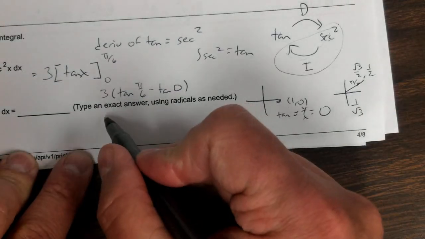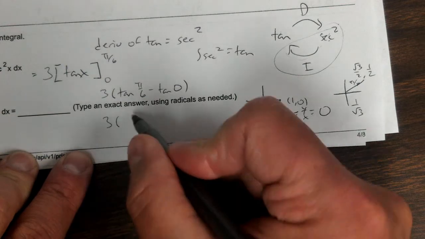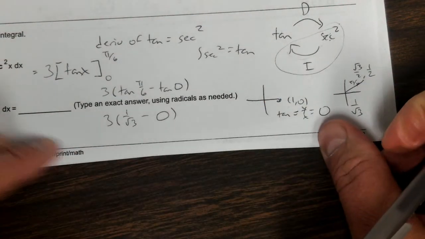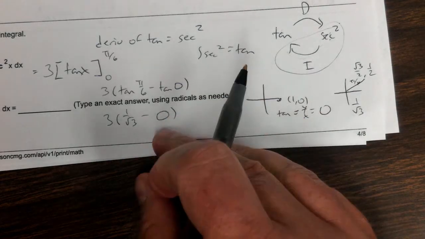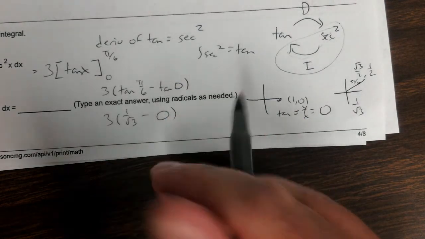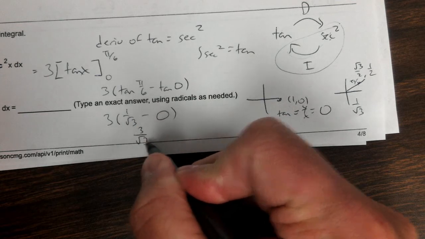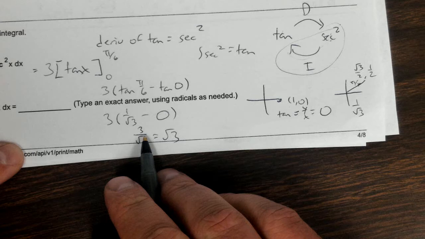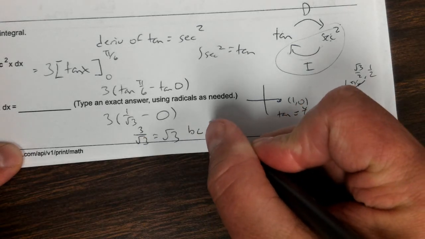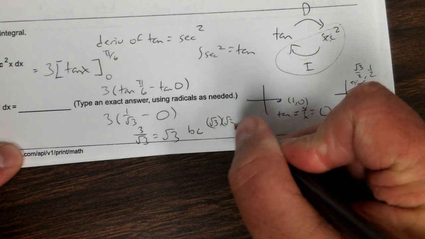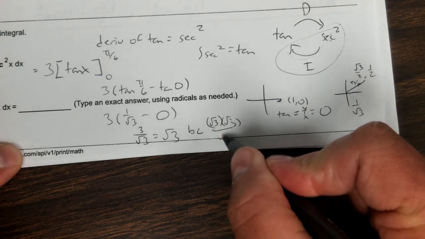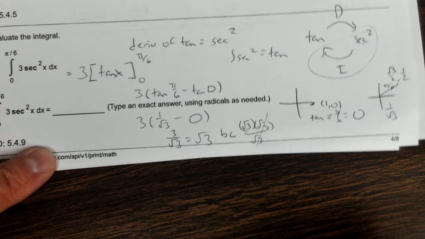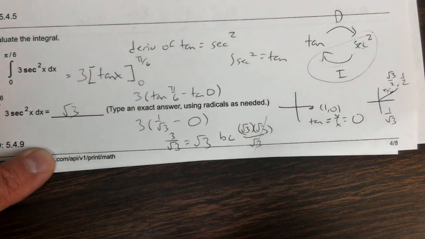So here we have 3 times 1 over square root of 3 minus 0. So this is just 3 over square root of 3, which is just square root of 3. If you get confused by that, just think of it as because the numerator could have been square root of 3 times square root of 3, and the denominator is square root of 3, so it cancels. So your answer is square root of 3.